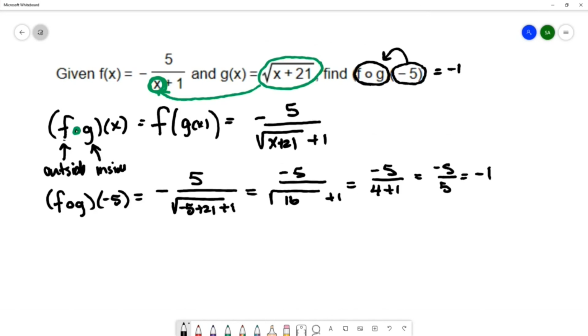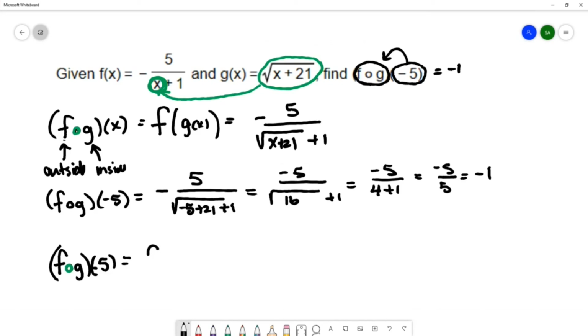But now I'll talk about the other way you might be able to find f composed with g of negative 5. So I'm going to start with f composed with g of negative 5. And once again, I want to keep in mind what this operation of composition means. It means substituting one function inside of another function.